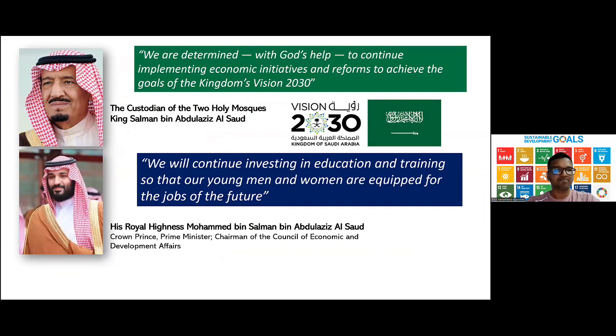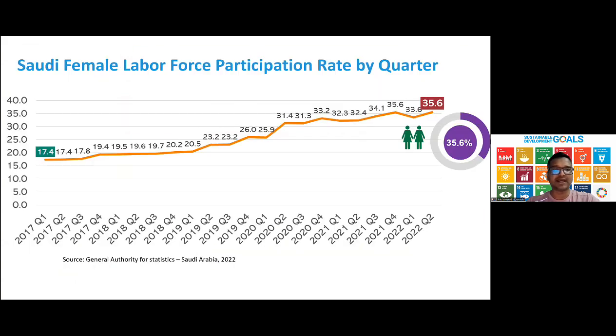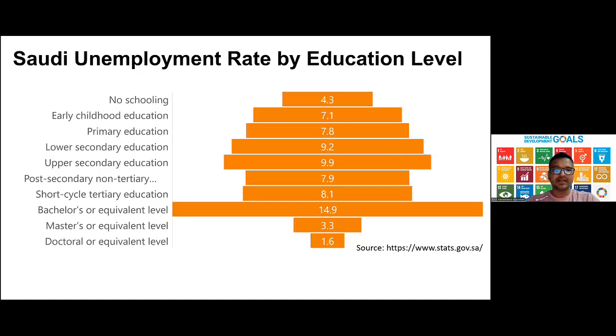And you see the impact: in 2020, during the COVID, that commitment has been achieved. And now the women's participation is around 35.6%. The key area is the education sector.